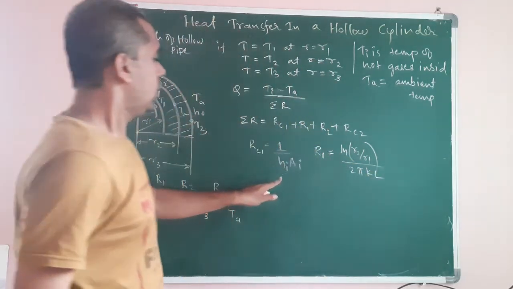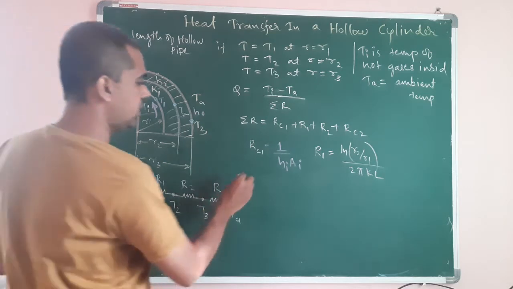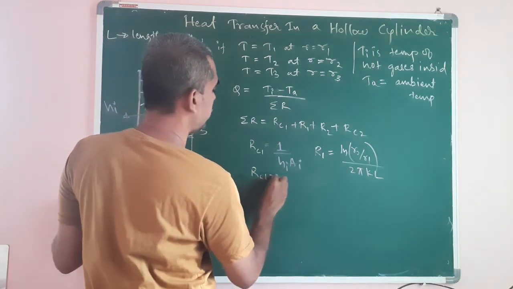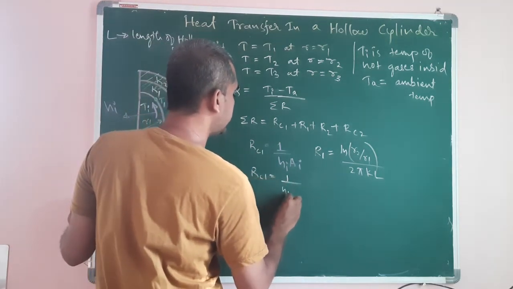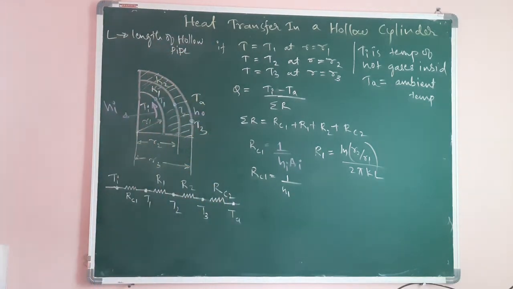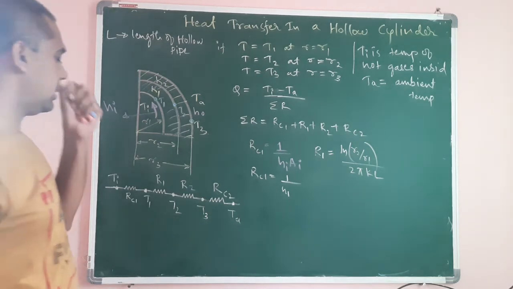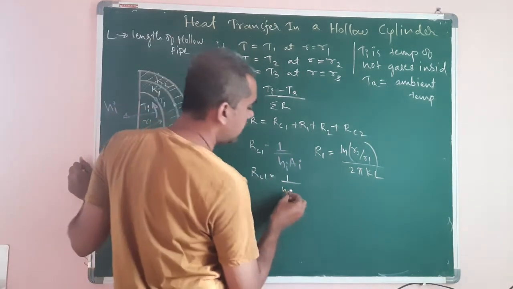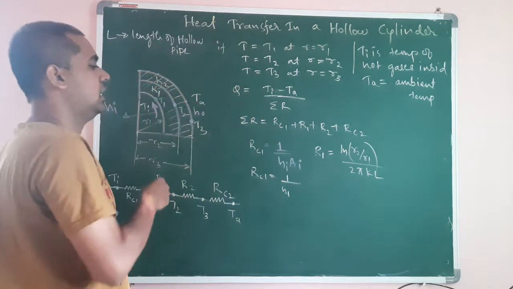Now, this RC1 should be 1 divided by HI into AI. AI is equal to 2 pi into the inner radius, the inner area of the hollow cylinder.